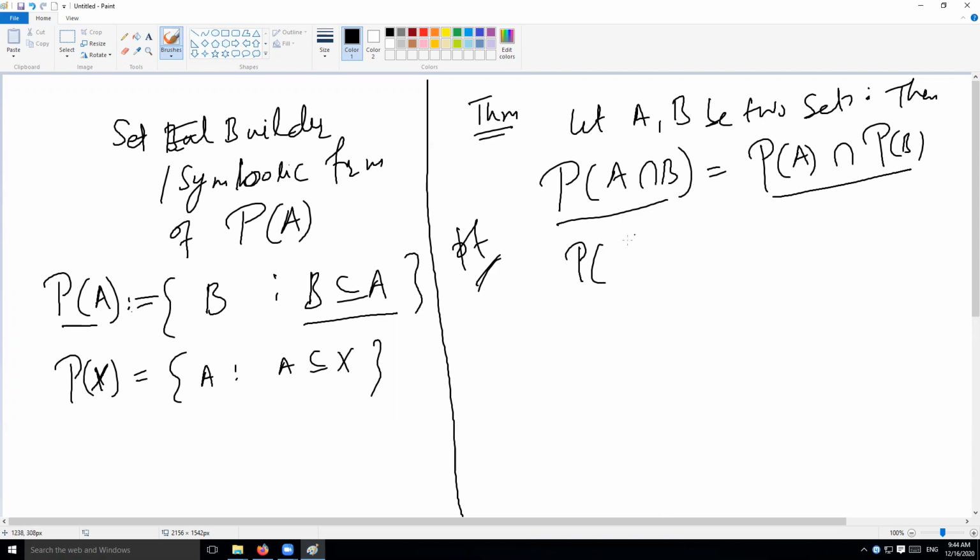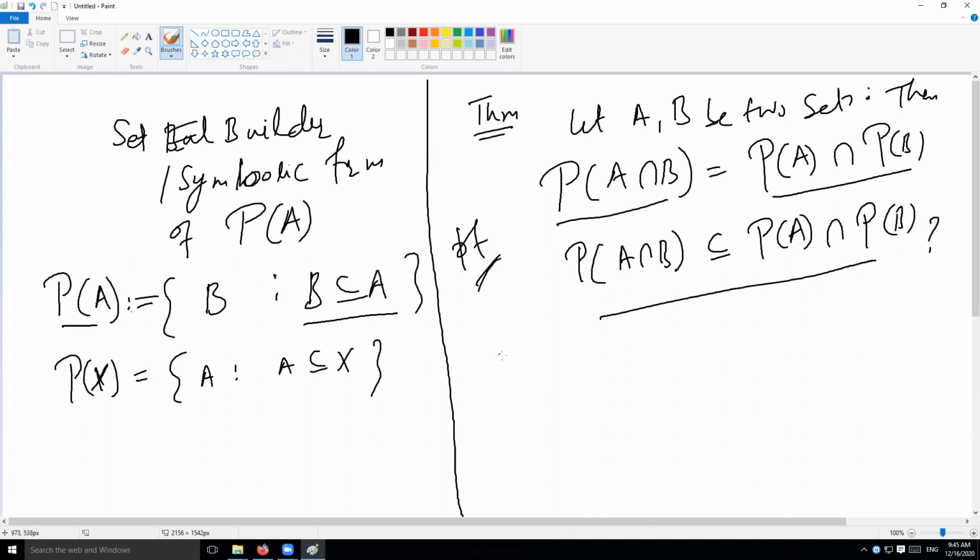So first I'm going to show that the power set of A intersection B is contained in the power set of A intersection the power set of B. So why is this true? By the way, what should be my first step to prove this? Take an arbitrary element.